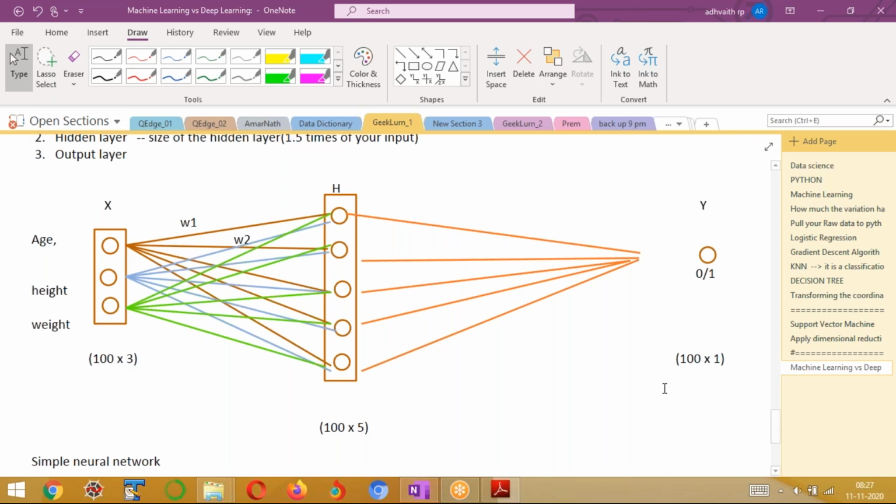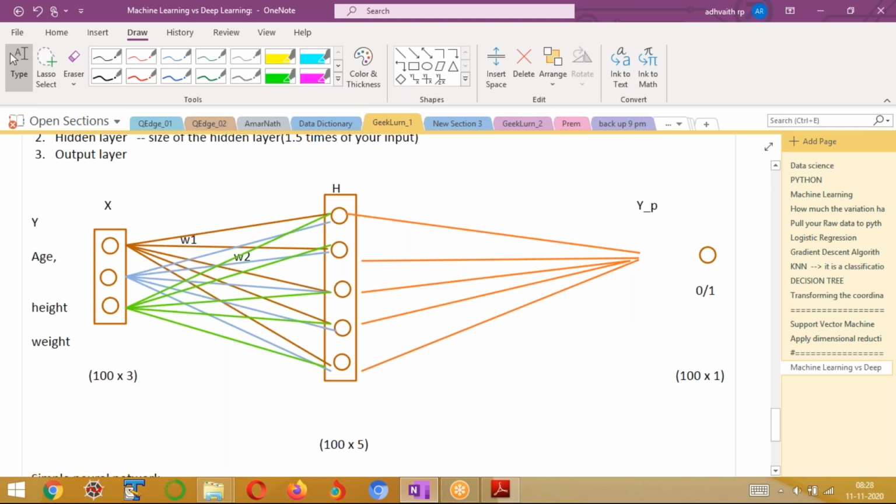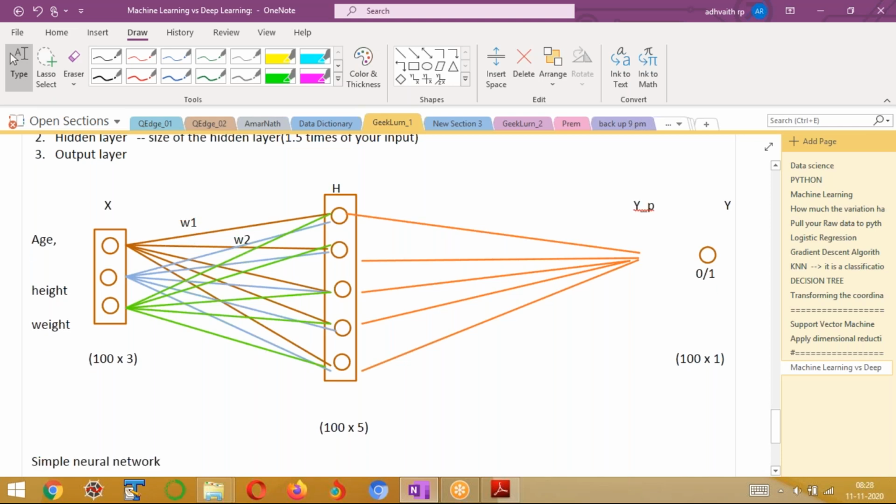Y predicted, not Y. Y means the actual Y values. So you have to calculate Y predicted. Let me put it as y underscore t. Okay, one second. Yes, now this will be better.